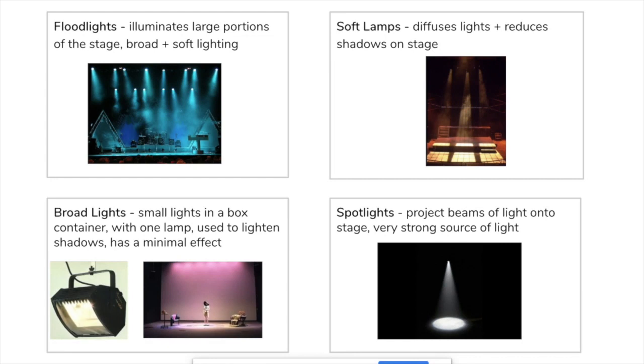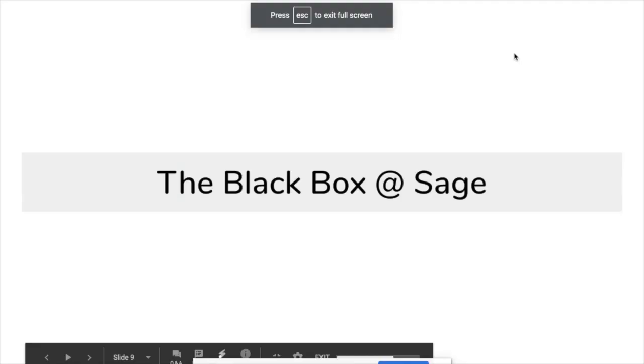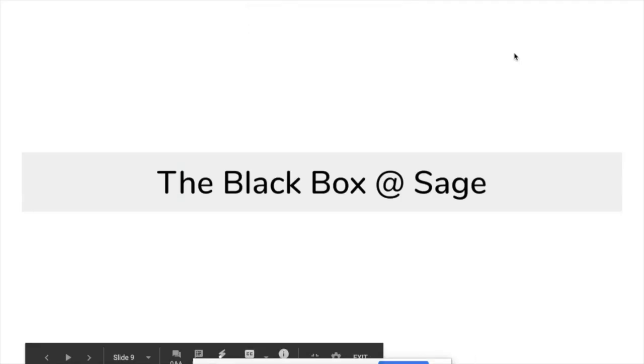We have these on the grid at stage, but we also have them on the ground in the wings, and they're used to bring minimal amounts of light on stage from the wings, from the side, so it gives a different effect. And then of course the one that most people have heard of is a spotlight, which projects beams of light onto the stage, and it's super strong, and you usually use them when you want the attention to go to one person.